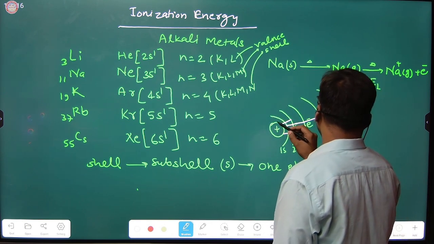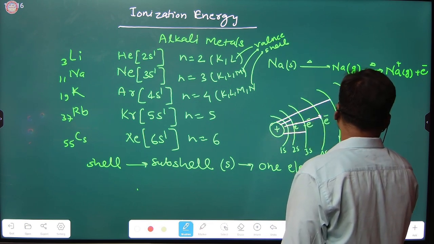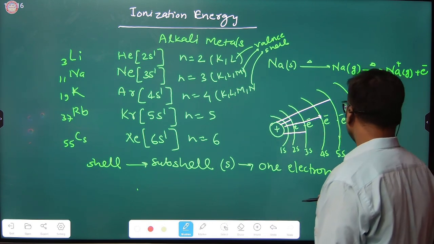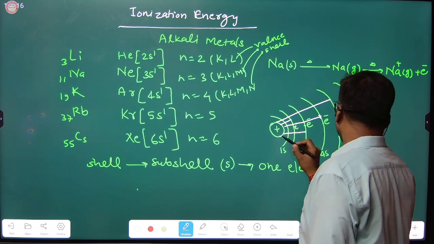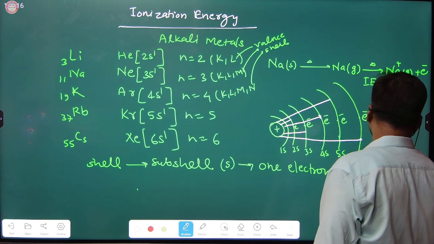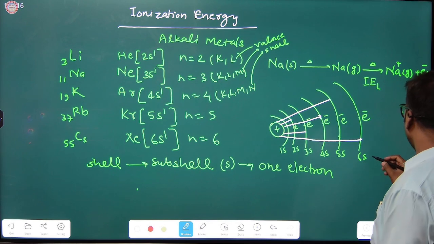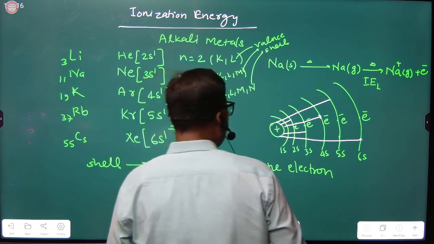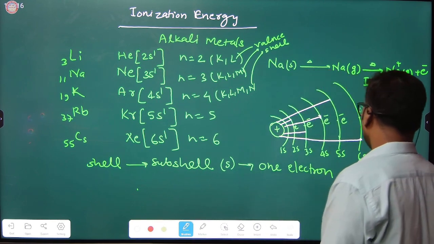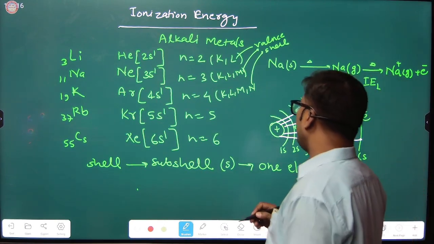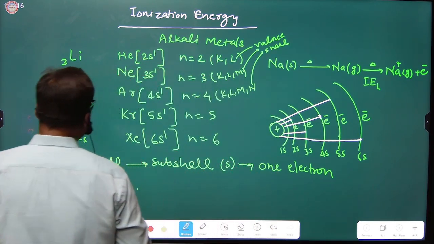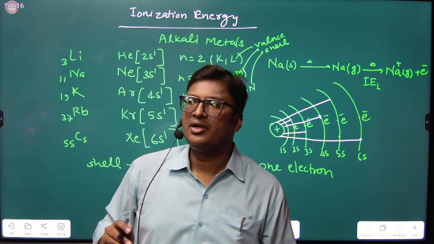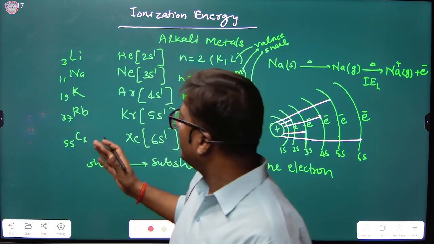The distance continuously increases from the positive charge to the outermost 5s electron, and in cesium it is the largest distance, from the positive charge to the outermost 6s electron. So the outermost valence electron in lithium is strongly bound to the nucleus.